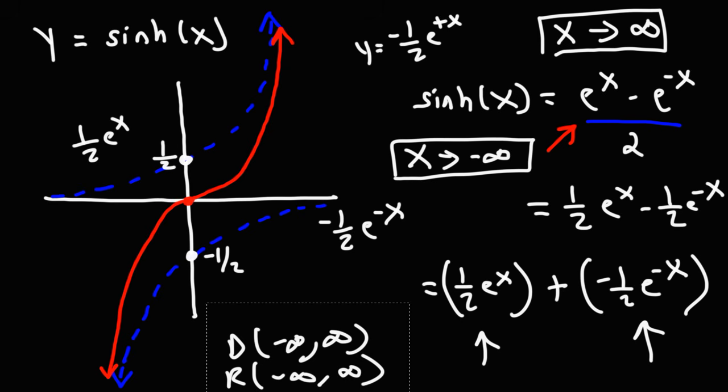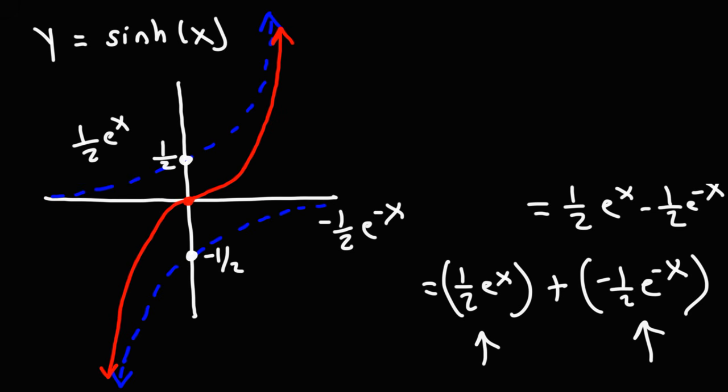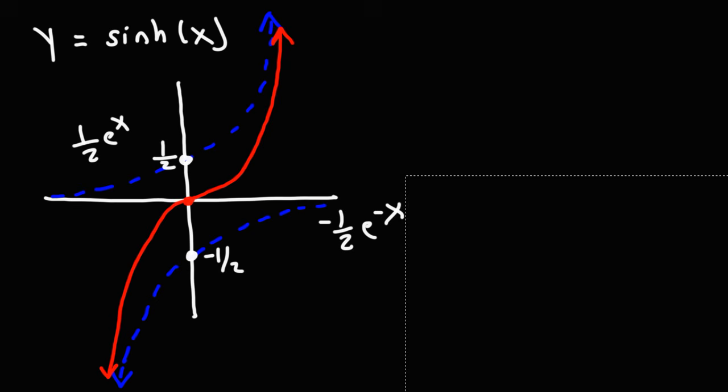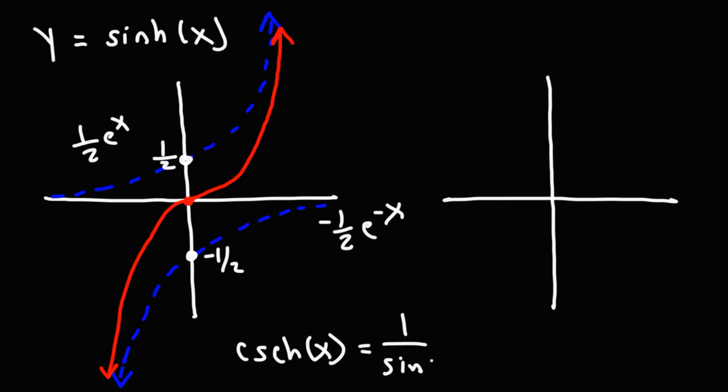Now that we have hyperbolic sine already on the page for us, let's graph the reciprocal, hyperbolic cosecant. So knowing that hyperbolic cosecant is the reciprocal function of hyperbolic sine, how would you draw the graph for hyperbolic cosecant?